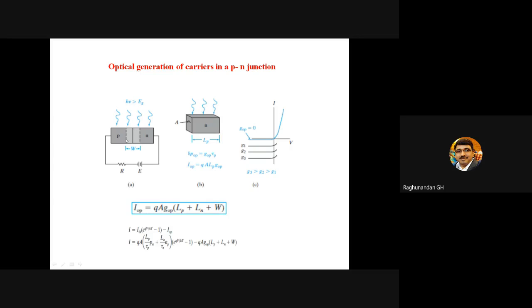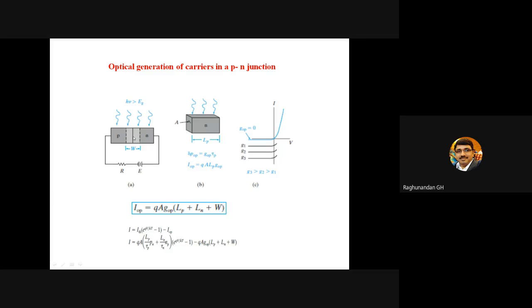EG is the energy across this particular junction, and this is the radiation. Whenever this radiation is greater than the potential across the depletion layer, the minority charge carriers which are stuck in this junction start getting activated.